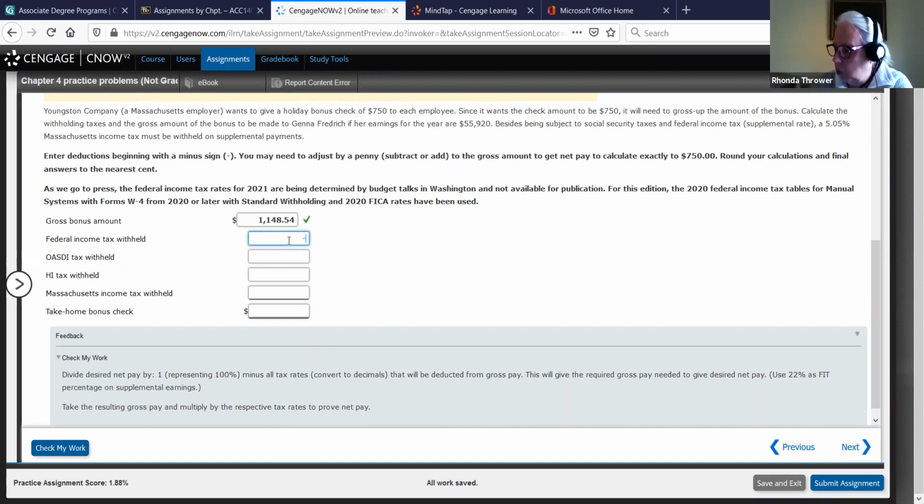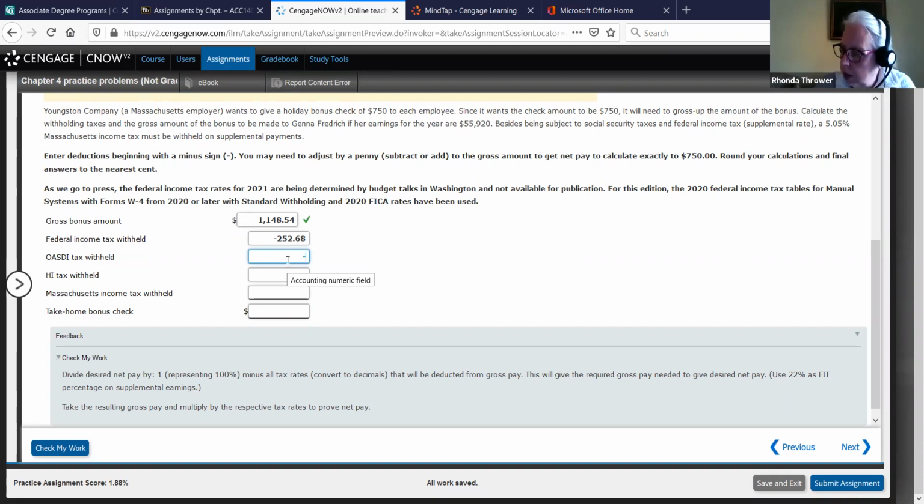The federal income tax was $252.68. And again, I'll provide you with that spreadsheet. I'll post it with the videos so you'll see where that amount comes from. The OASDI tax was $71.21.